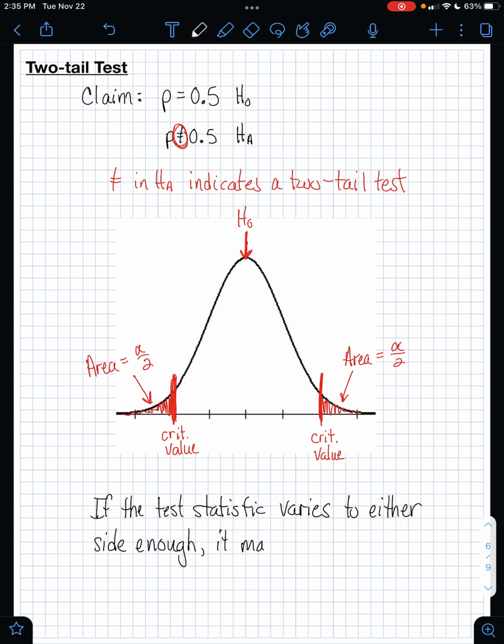If it varies too much to either side, it may suggest that H sub 0 is incorrect.